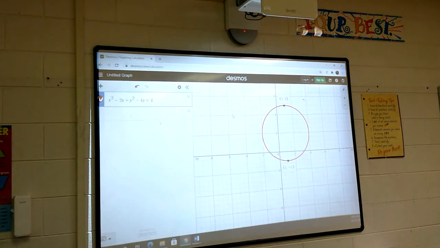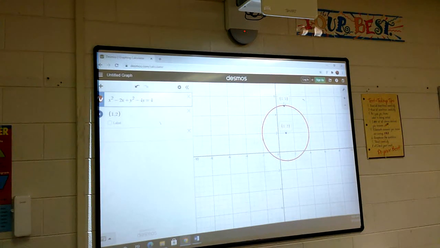So the center is actually (1, 2), which is what we got, right? Yeah. So there's the center. I can make it a point. You don't have to, but whatever. So there's the center of your circle. And then from there to there, you can see you're just going from 2 to 5. So your radius is 3. And that's what we got for that first one. So you're able to check that.